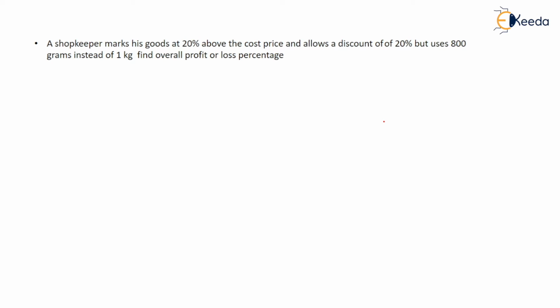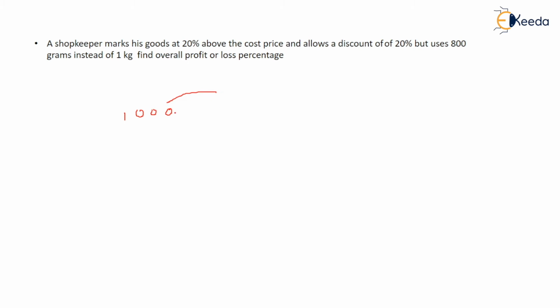A shopkeeper marks his goods 20% above the cost price and allows a discount of 20% but uses 800 gram instead of 1 kg. Find the overall profit or loss. Simple question again. He marks 20% above cost price: you went there, told him give me 1 kg.